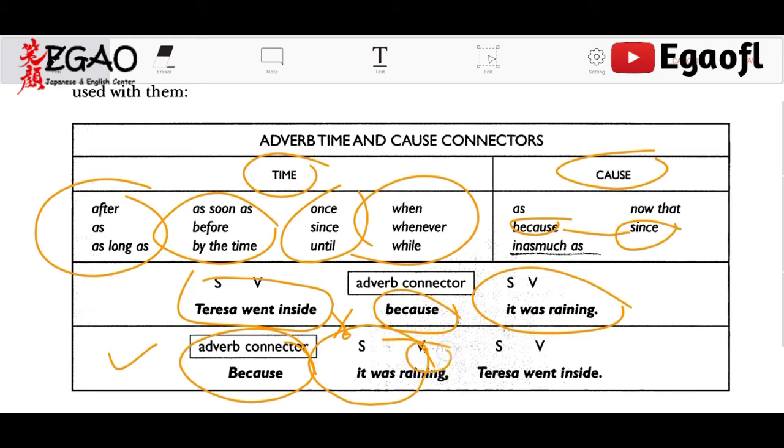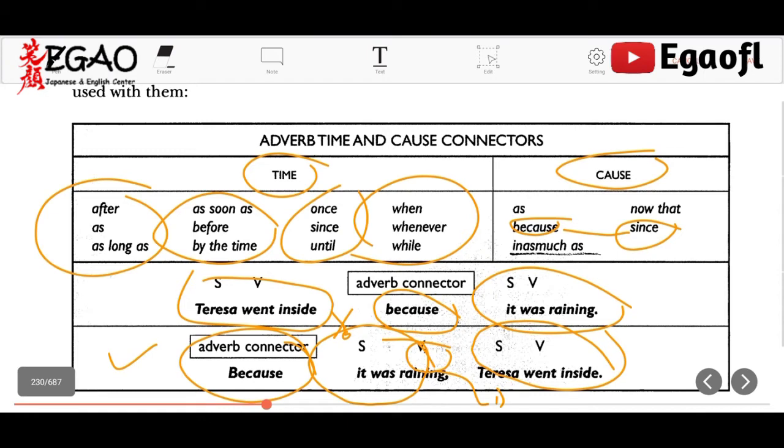And don't forget to put a comma here. And after that, subject verb again. So, subject verb, adverb connector, subject verb, or adverb connector, subject verb, comma, subject verb.